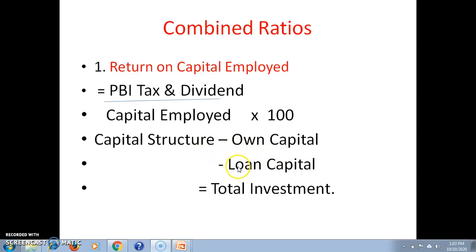Own capital plus loan capital is also called total investment, or it is known as the capital structure.